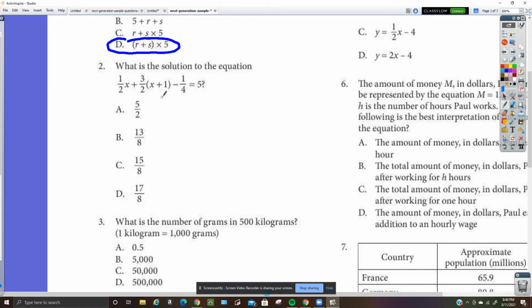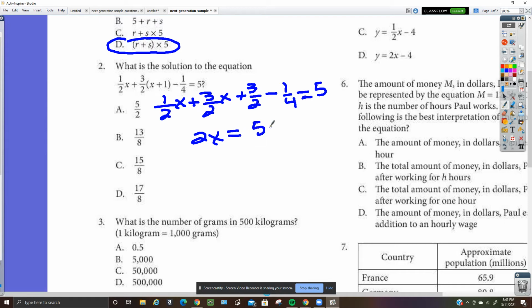So you want to do 1/2 x and then distribute the 3/2. So add these: 1/2 x and 3/2 x is 4/2 x, or 2x. And then get the numbers on the other side here.